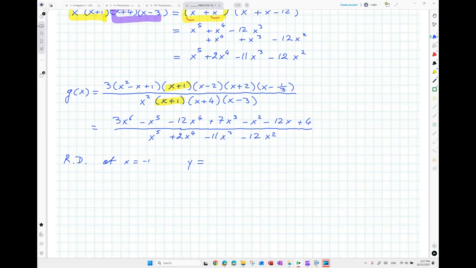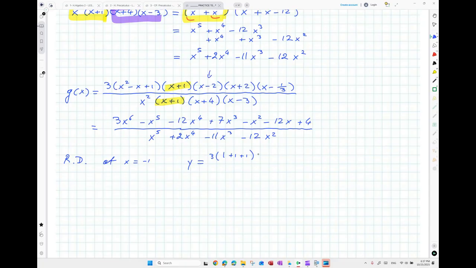So I would have 3 times negative 1 squared, which is positive 1, minus negative 1 is positive 1. I'm going to skip the repeated factor here, x plus 1.